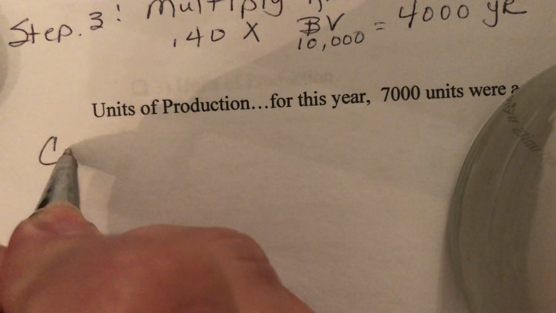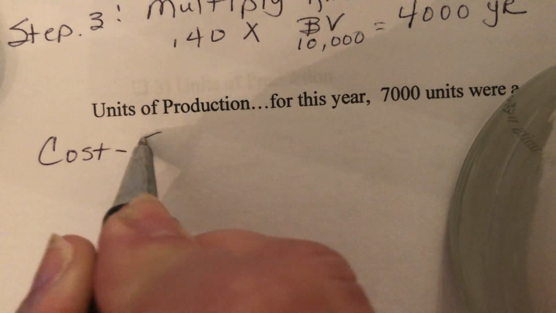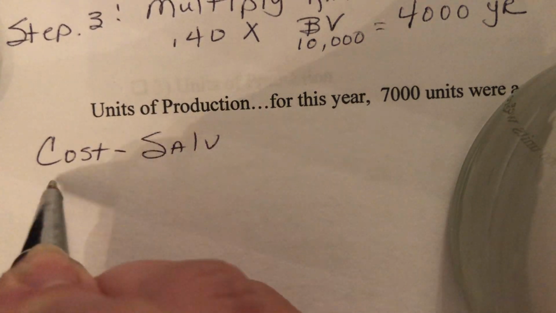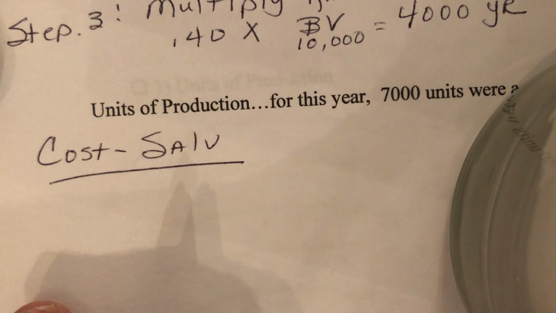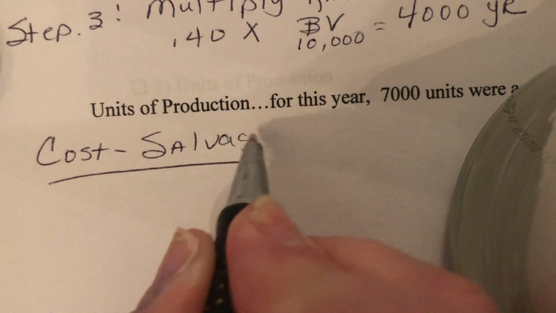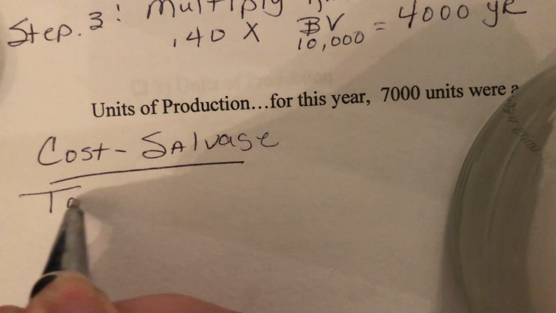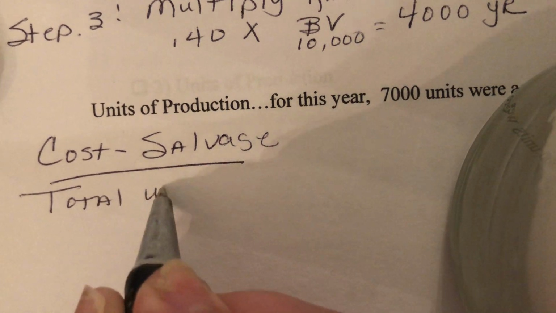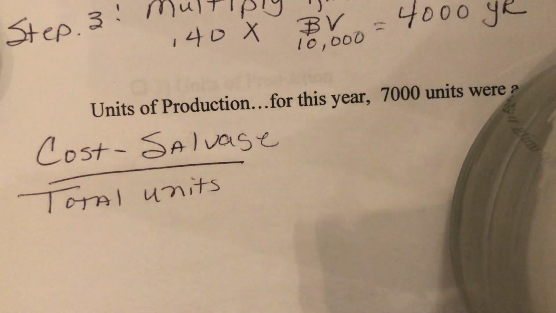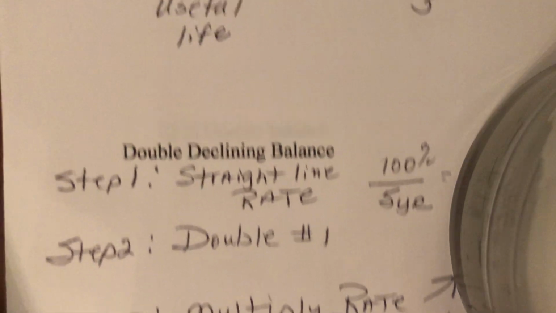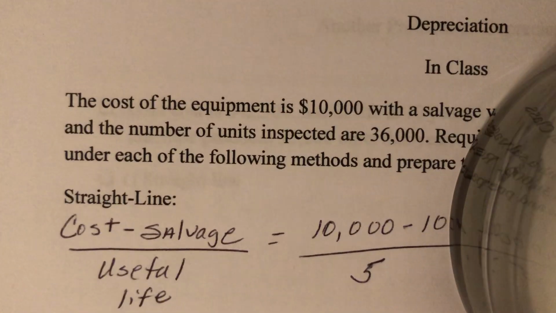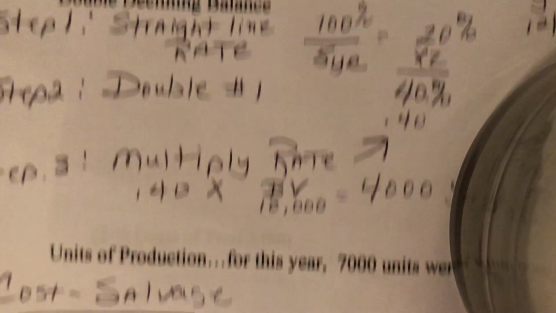You start off with cost minus your salvage, and then you want to divide by the total units. That total units would be your 36,000 shoes up here at the top, not the 7,000.